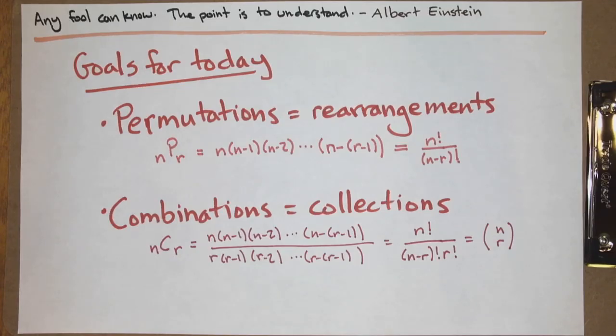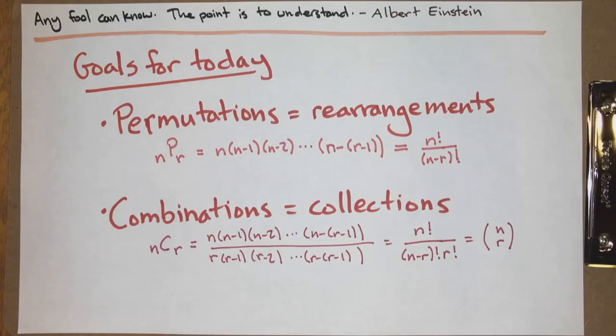All right, what are our goals for today? Well, we're going to talk about permutations and combinations. These are particular things that get counted, and they frequently show up. Essentially, you can think of the difference between the two is whether order matters or not. So for permutations, we're talking about taking a group of n objects, we pick r of them out, and we rank them.